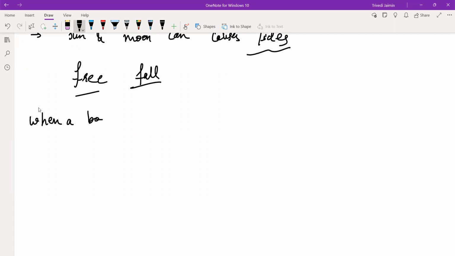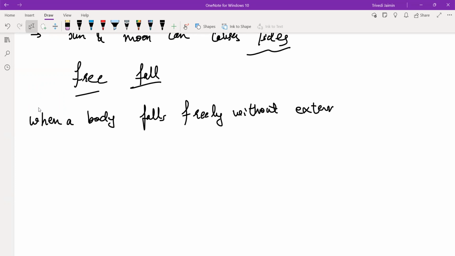When a body falls freely without external force, only falling due to gravitational force.